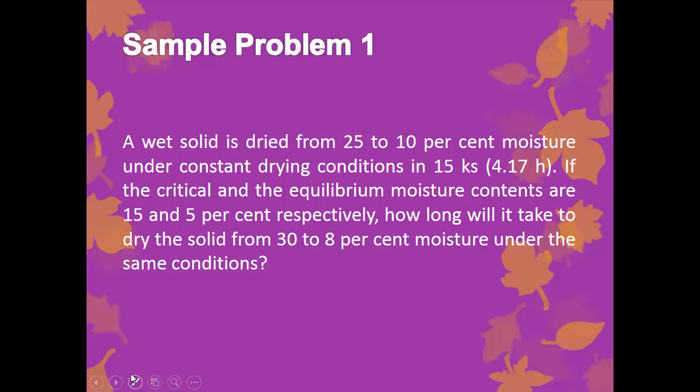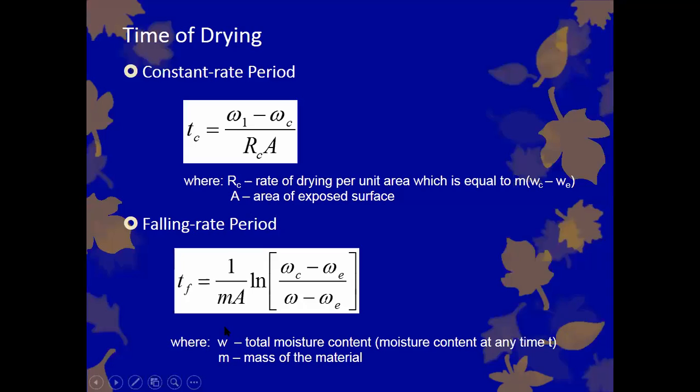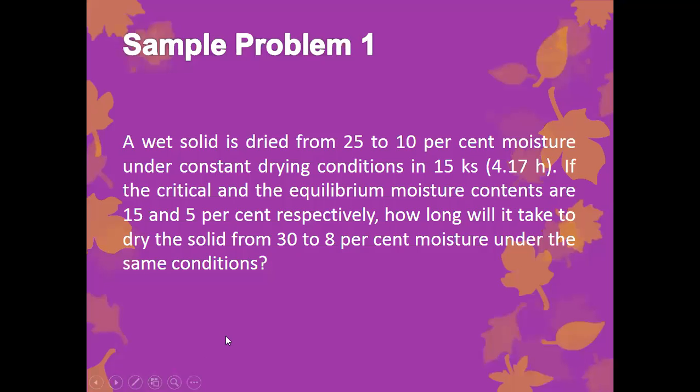So we have here a sample problem to illustrate simply, because I have so far only discussed this particular formula for drying time. So we will just simply use it for now in this sample problem number 1. We need not think of any other formula to use, because so far that's the only thing that you can use, and that's the time for drying. So in here, you're given a wet solid which is dried from 25 to 10% moisture under constant drying condition.